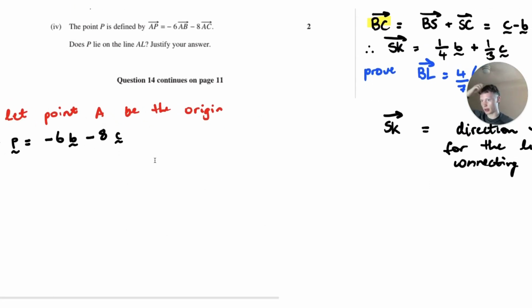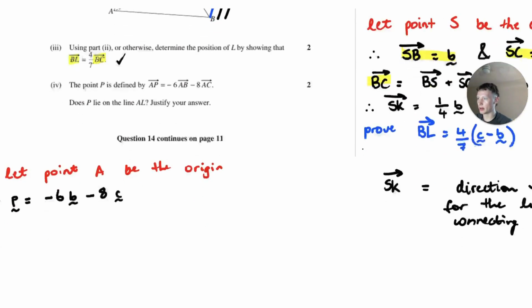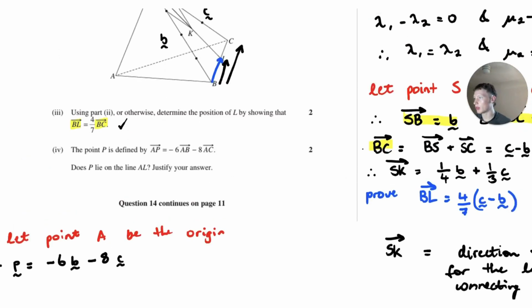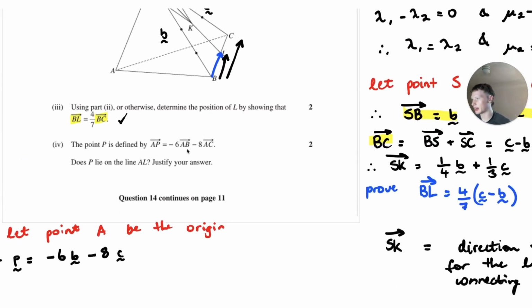What we want to find is, okay, does this position vector satisfy the equation of the line A to L? So if we remember here, A to L, well, we don't need to even go back to the last question. We could, but the only thing we need to take from it is that BL equals 4/7 of BC.